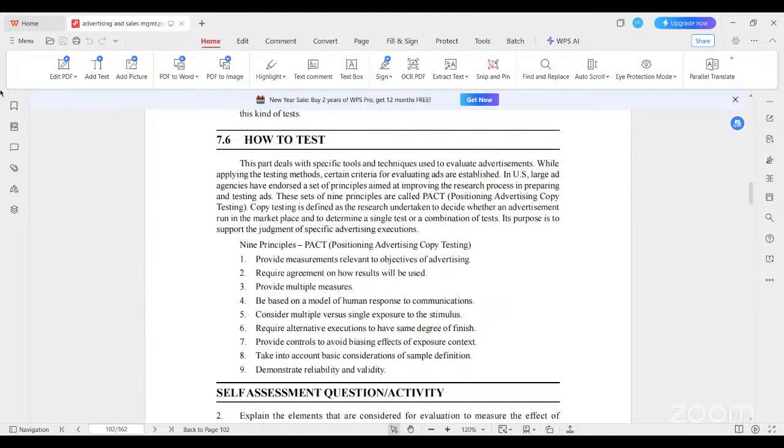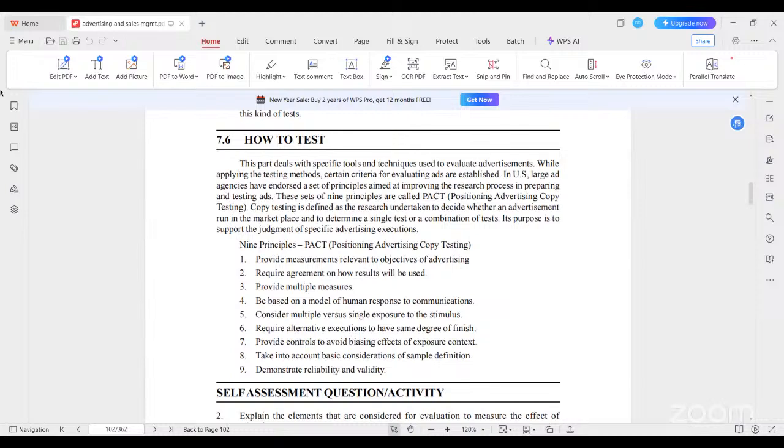Difficulty in understanding the complexities of consumer behavior and decision making processes is also something we have to take into consideration. It is a challenge which we have to understand, because consumer behavior changes.